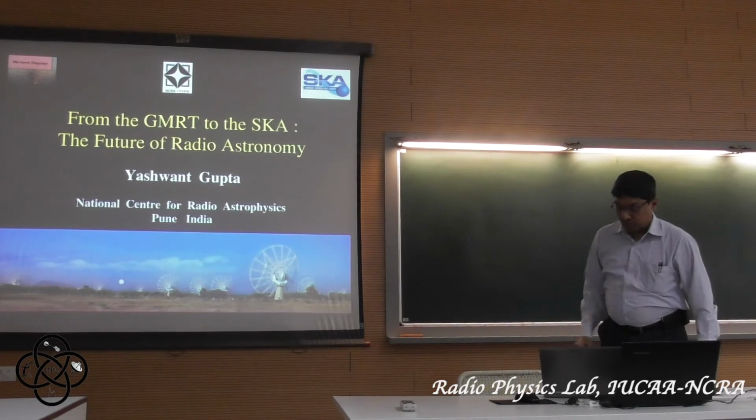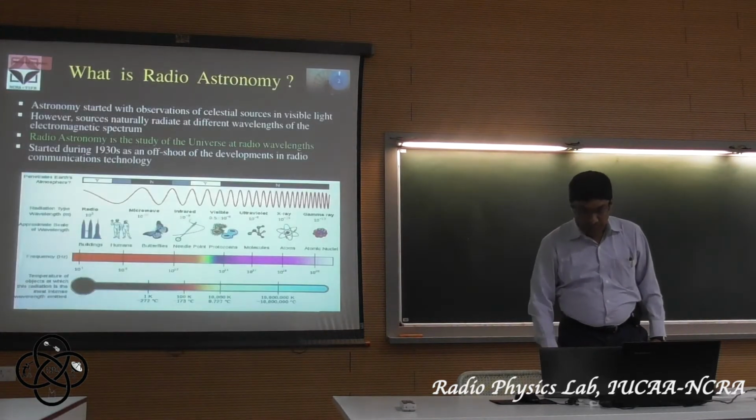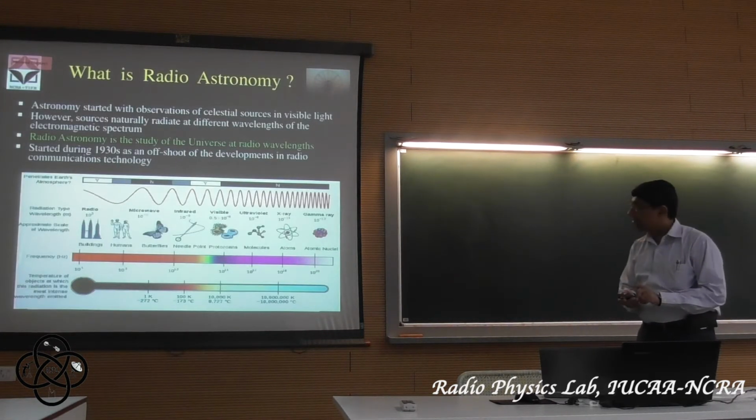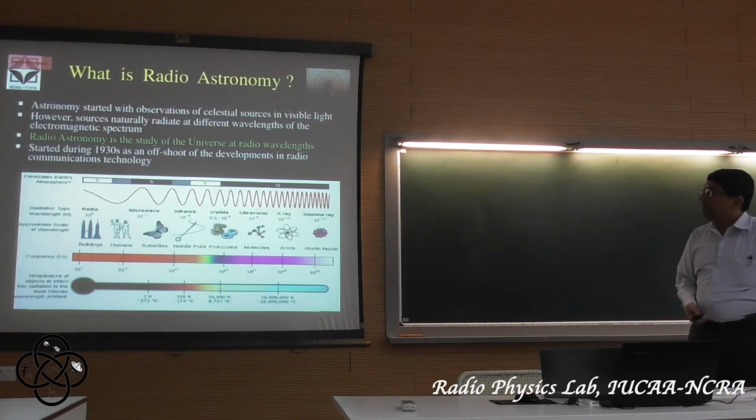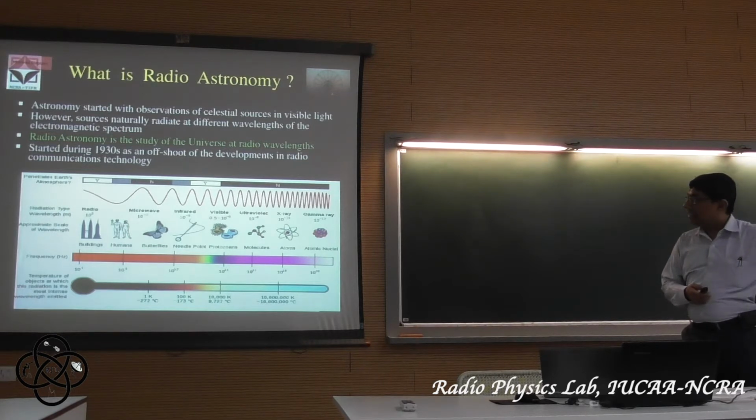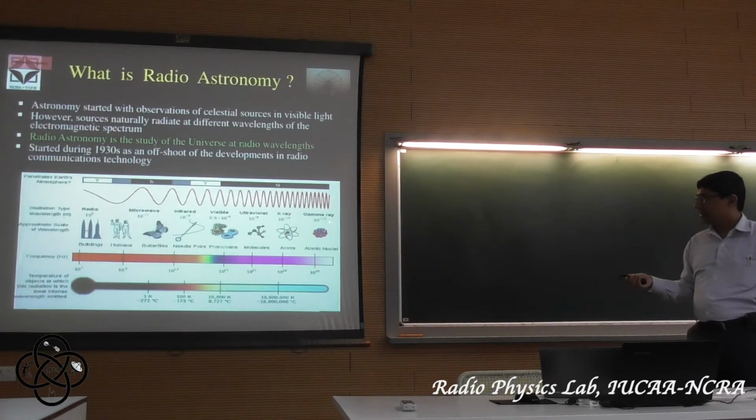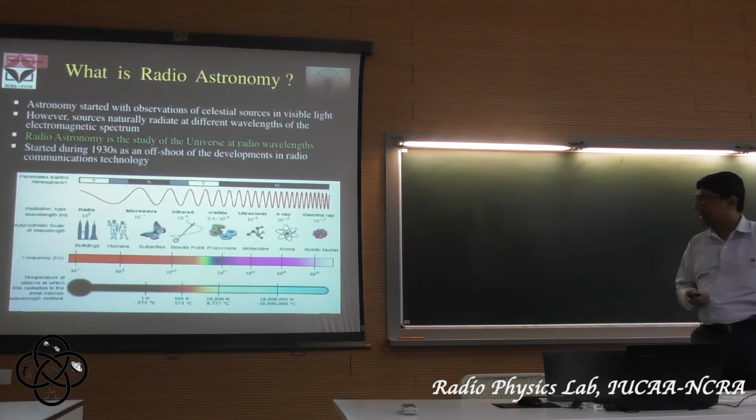Okay, all right. So this part I should not have to talk much to you all, right? The fact that we can do astronomy at different wavelengths is something that you all are well aware of. What is the range of those wavelengths? Going all the way from the lowest frequencies, which are the radio waves, the largest wavelengths, up to the highest frequencies, which are the gamma rays, the shortest wavelengths, spanning the entire electromagnetic spectrum.